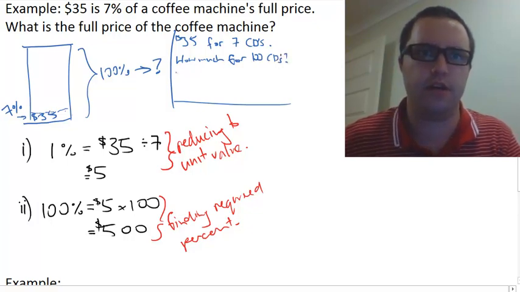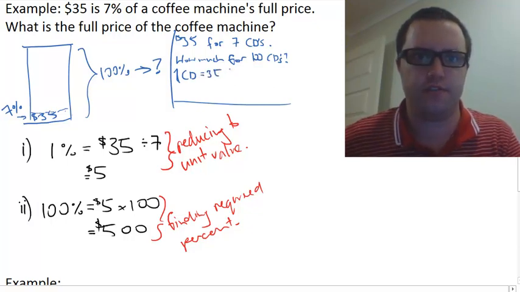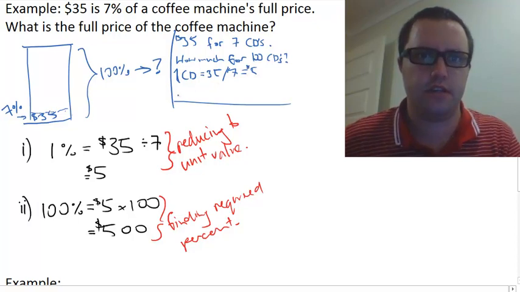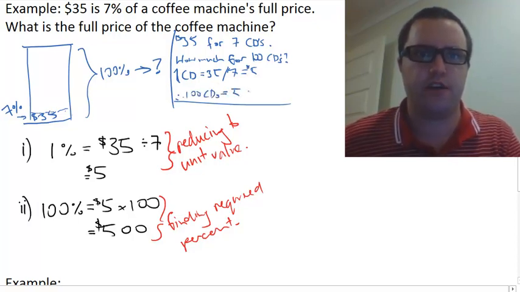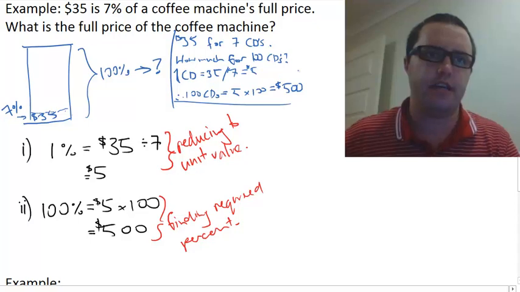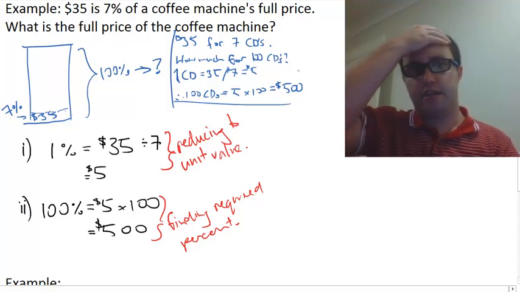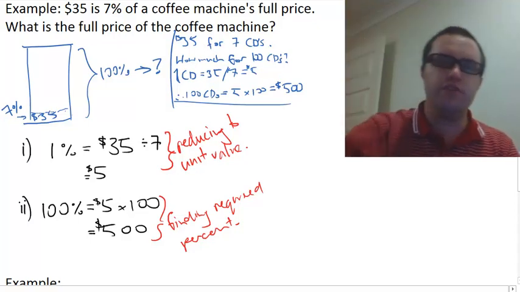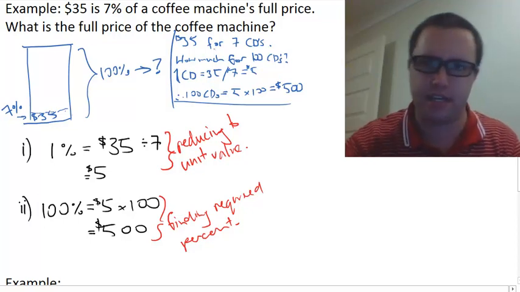Well, you might go, okay, 1 CD equals 35 divided by 7, $5. Therefore, 100 CDs is 5 times 100, $500. Okay, so another very simple example, but just to take it away from percent and anything else, solving that problem would have been using the unitary method to solve for the price of the CDs.